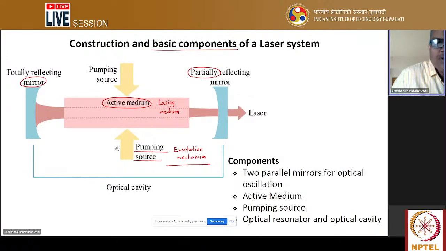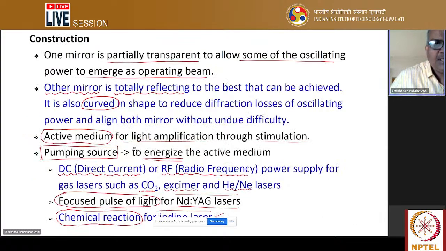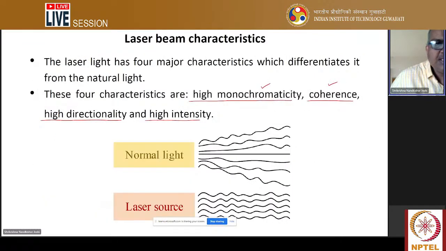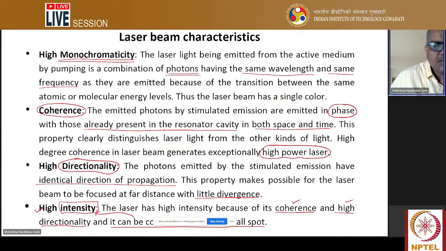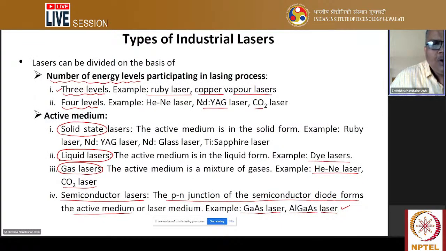Then the components of the laser, like the various mirror arrangements, pumping sources, their construction, cavity designs, and the beam characteristics: monochromaticity, coherence, high directionality, and intensity. All these things we have seen.